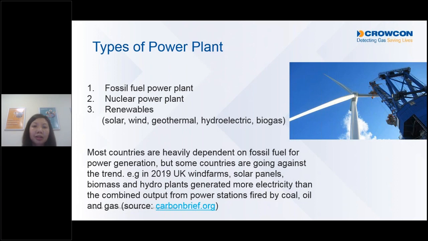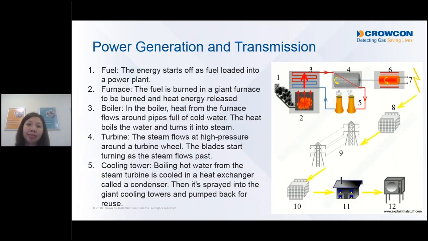Next one. I took this off the internet, and it's really a one-on-one guide on how electricity is generated. In a very basic overview, fuel, in this case coal, is loaded into a furnace. The furnace is heated, it has air pumped in to burn.